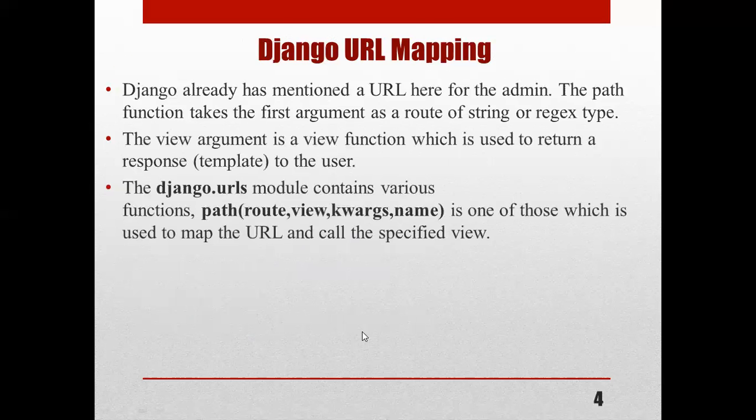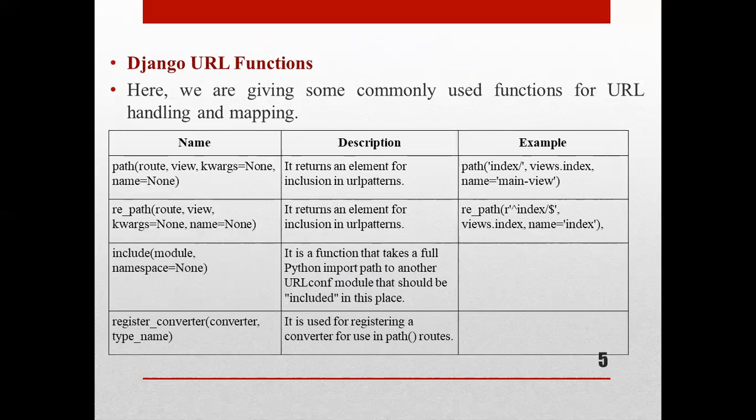Then Django URL functions. There are some commonly used Django URL functions for URL handling and mapping. The first one is the path function. See the path function's parameters: route, view, arguments equal to none, or name equal to none. It returns an element for inclusion in URL patterns.